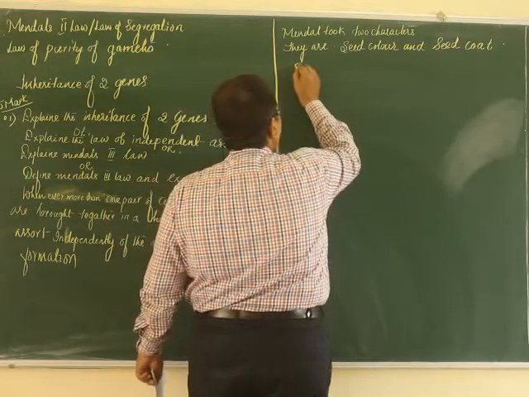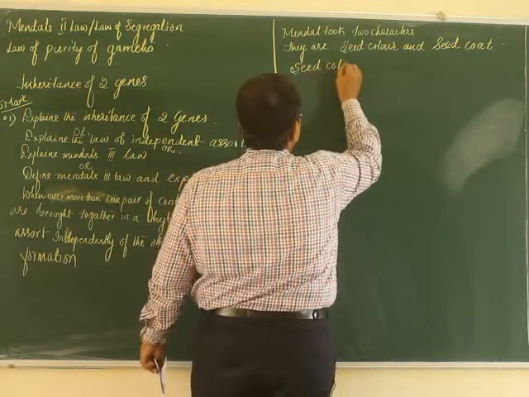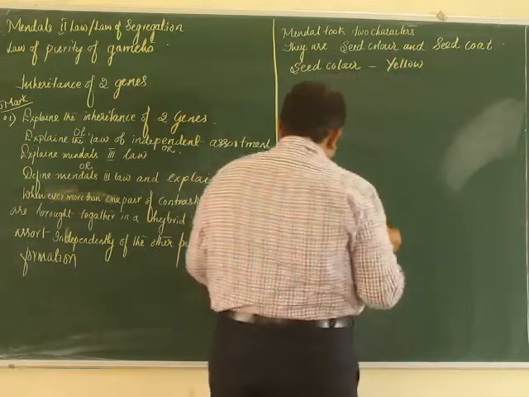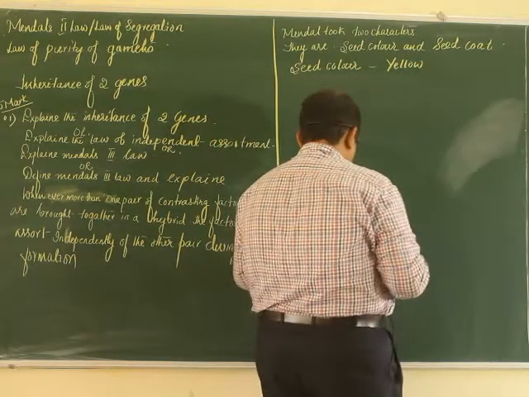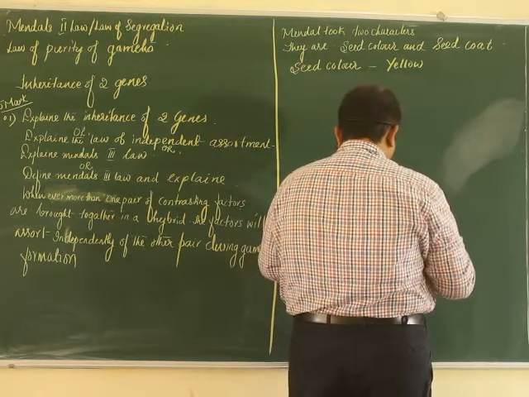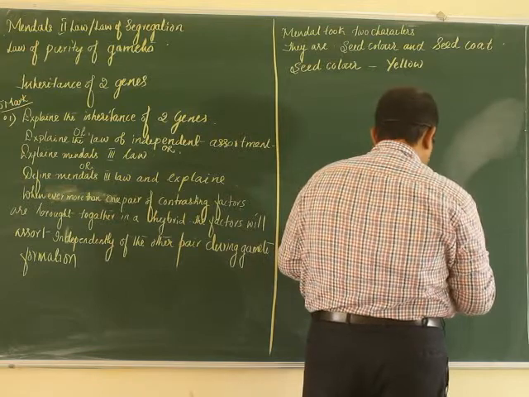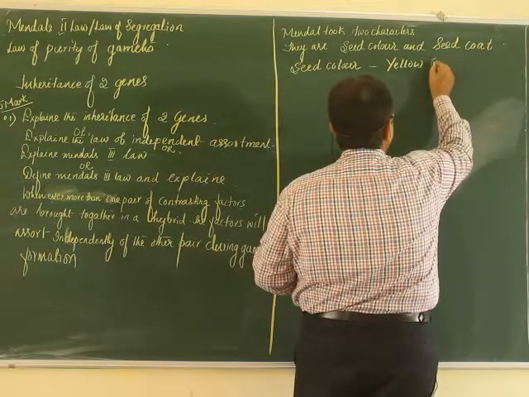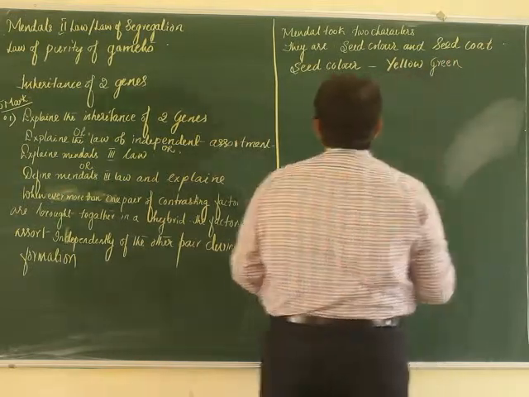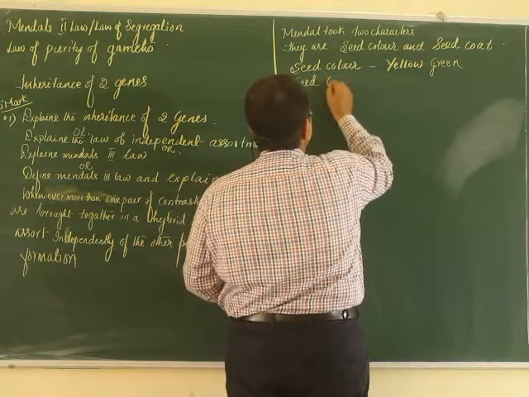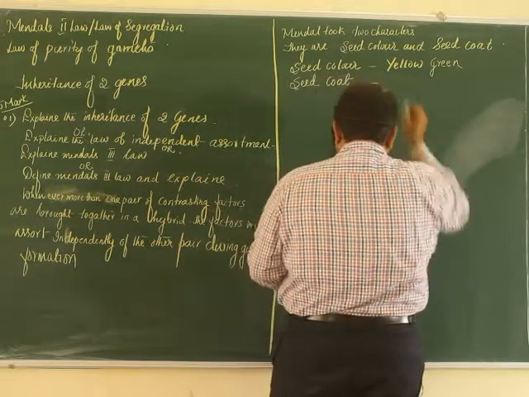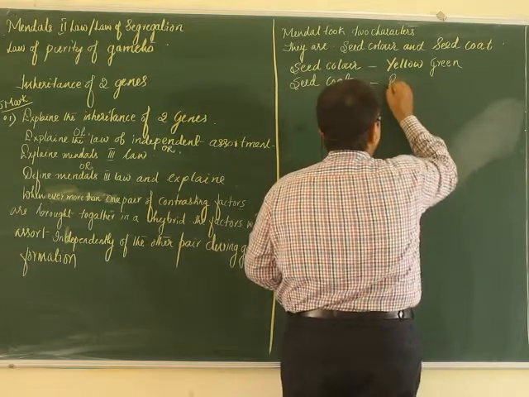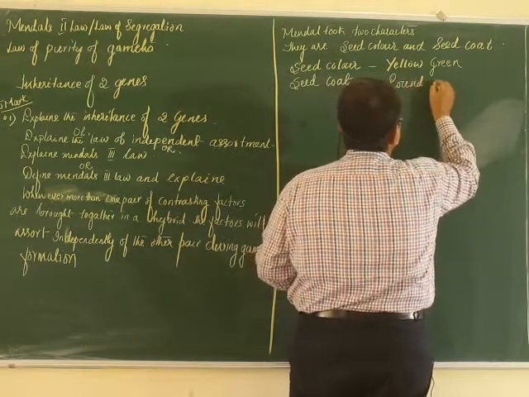Seed color has 2 factors, yellow and green, and seed coat has 2 factors, that is round and wrinkled.